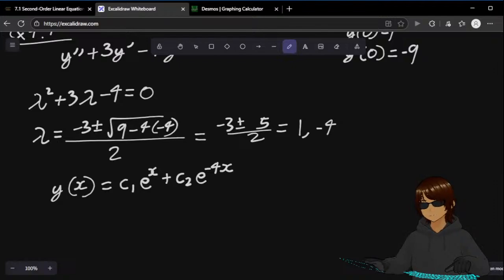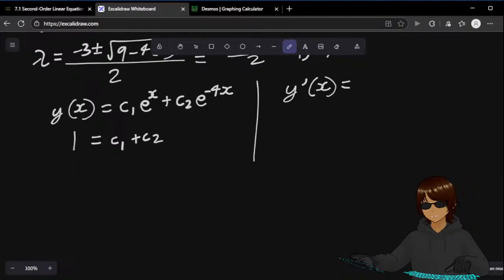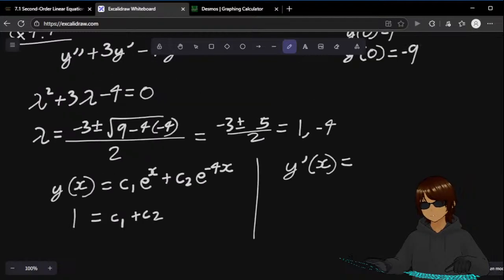So y(0) is 1, so c1 is equal to 0, 0 plus c2. And then the derivative of y: this doesn't change, and this becomes minus 4 c2.